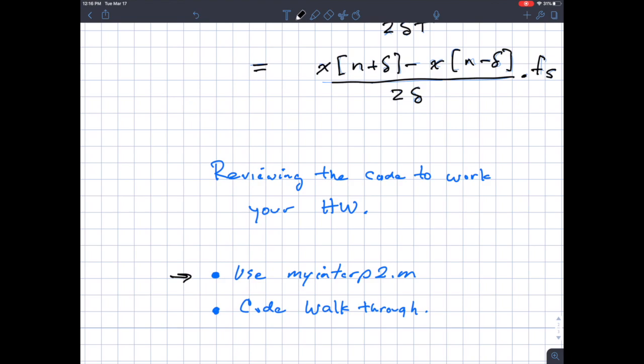I discovered a numerical error in the code from the MATLAB book. He used the round function where he should have used a floor function, which gives you an error at the midway point between samples. My interp2 fixes that problem, so be sure and use that.